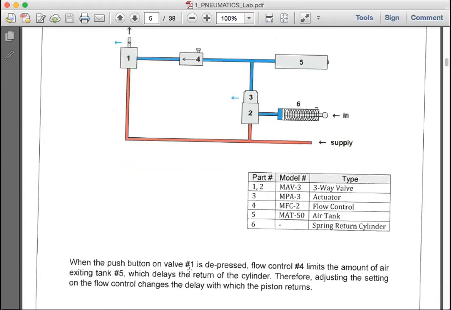When push button of valve number 1 is depressed, flow control number 4 limits the amount of air exiting tank number 5, which delays the return of the cylinder. Therefore, adjusting the setting on the flow control changes the delay with which the piston returns. So this is sufficient to skip one stage.